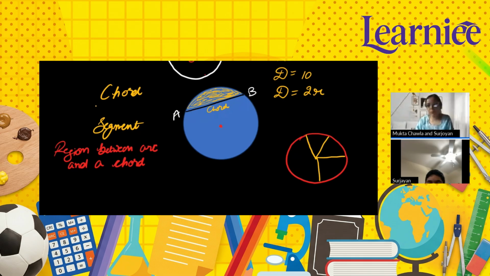One, two, three, four, five, six. Now, can you explain what is sector? So sector is like the slice, like part of the whole pizza. Yes, very good. Either you can say slice of pizza, right?